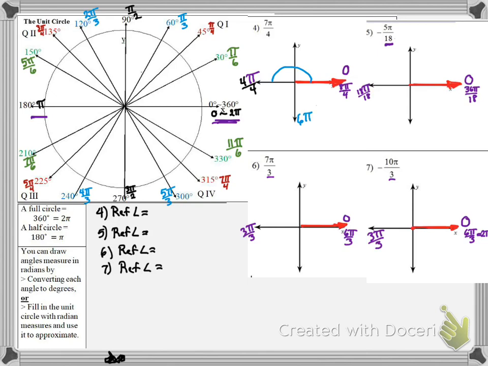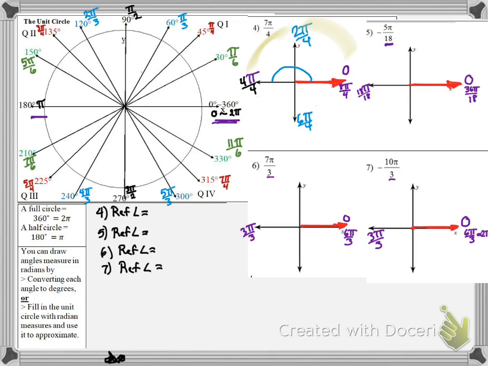Or some people find it easier to say 4/4, half of that is 2 pi over 4, which is the same as pi over 2 that we have way over there. 2/4, 2 more fourths, 2 more fourths.